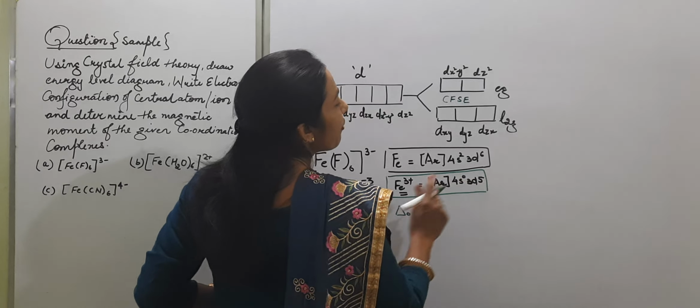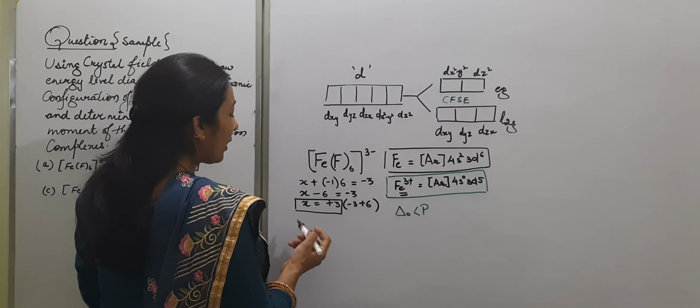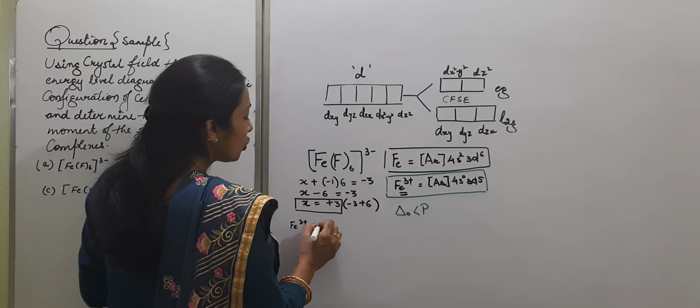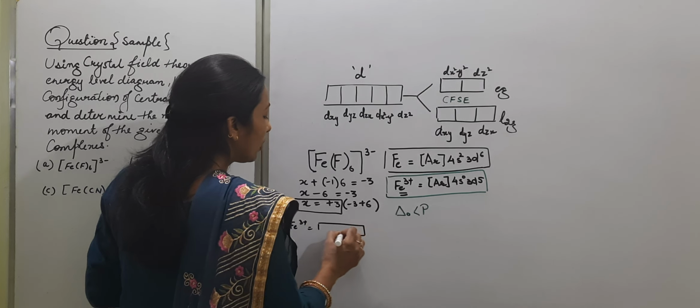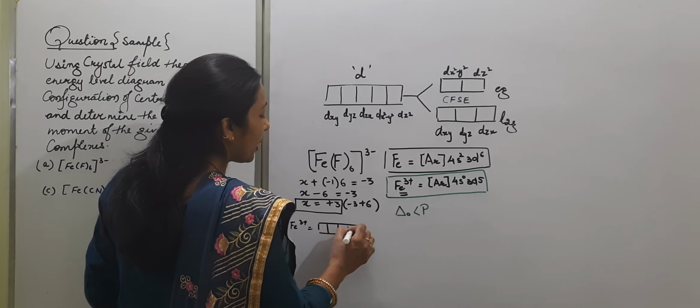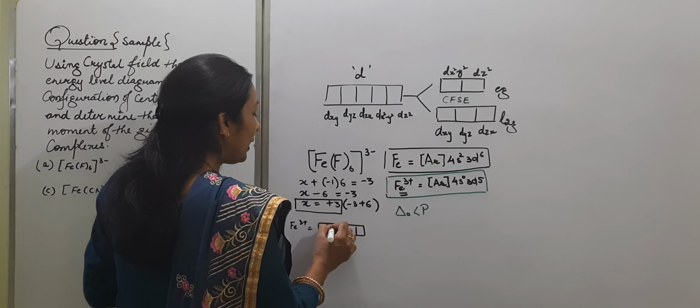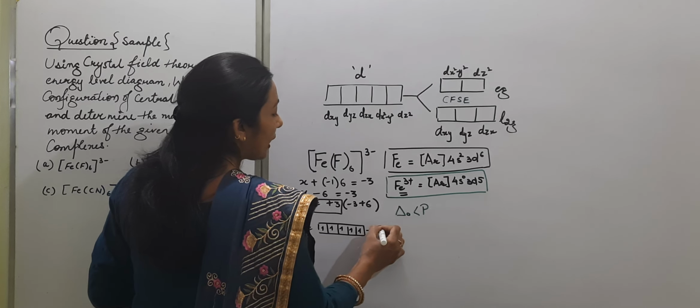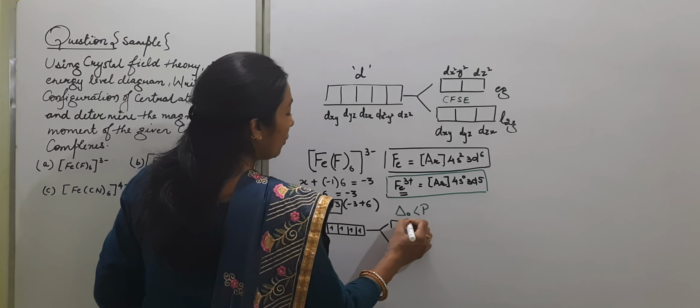Here d has 5 electrons for Fe3+. Our degenerate level is having 5 sub parts. So one electron will be in each level, and as I said, there won't be much difference.